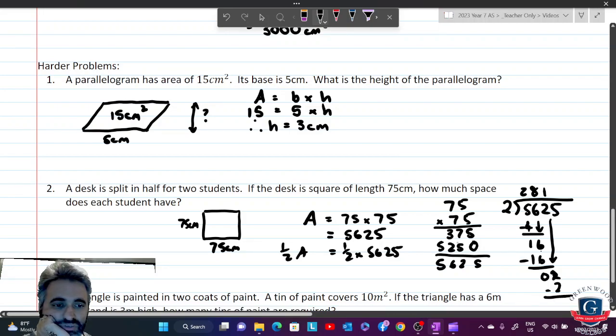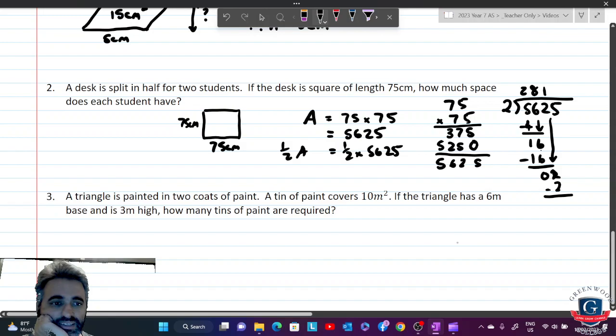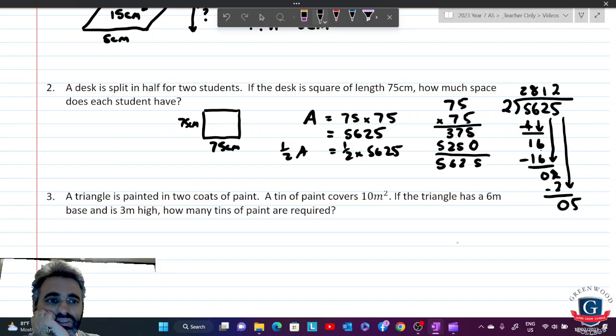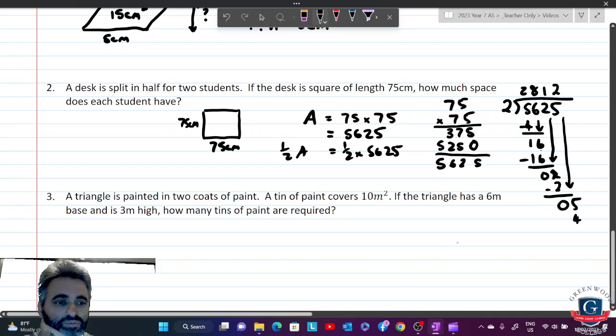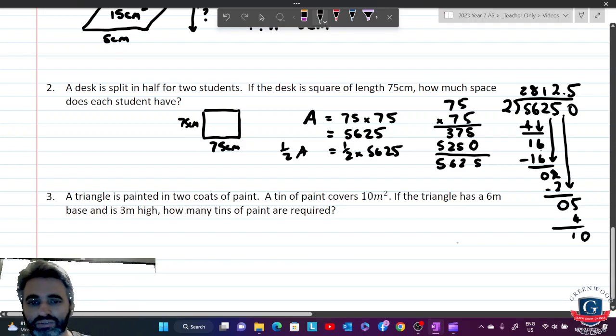Well, this goes forever. 0. Bring down the 5. That goes in twice. Remainder 1. Put a decimal point. Bring down the 0. And 2812.5. Okay.